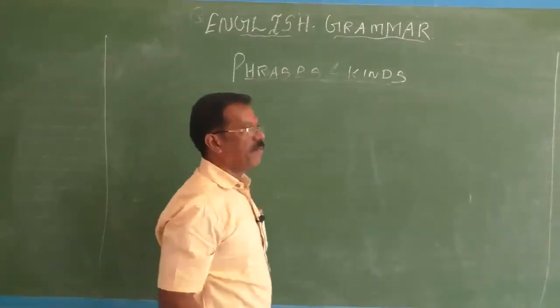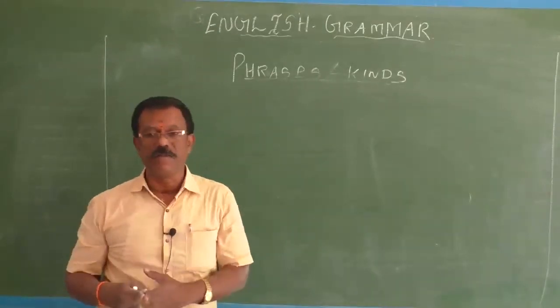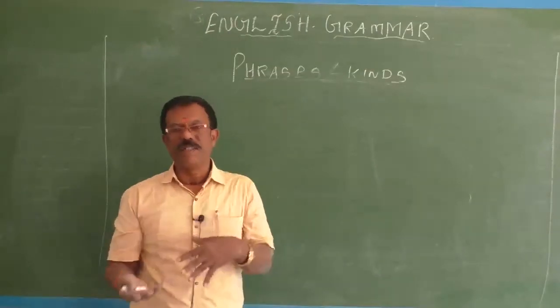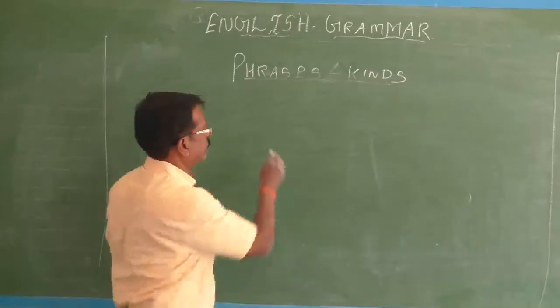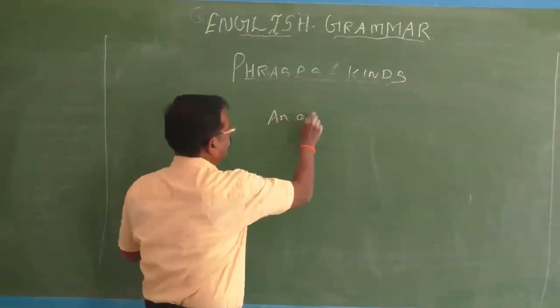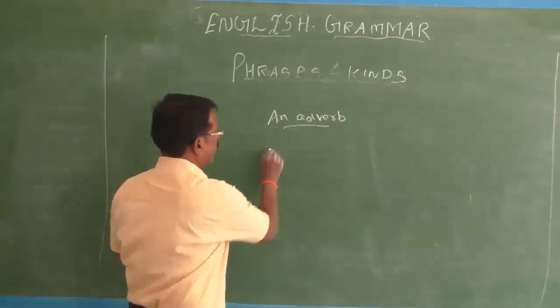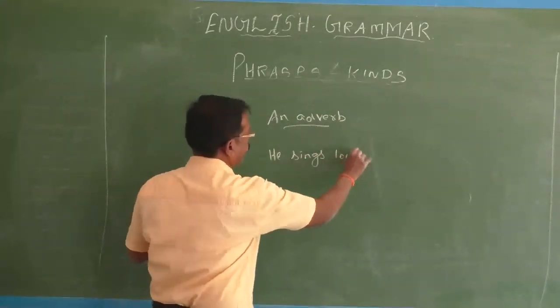What is an adverb? A word that modifies a verb, an adjective, or another adverb is called an adverb. An adverb modifies not only a verb. See, he sings loudly.